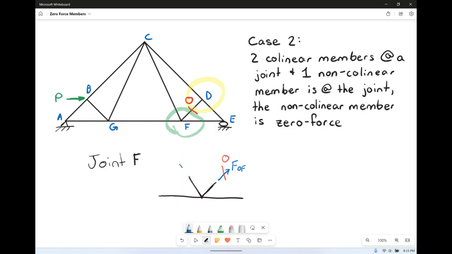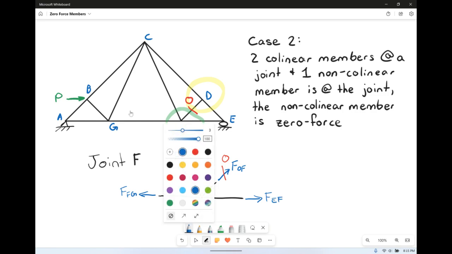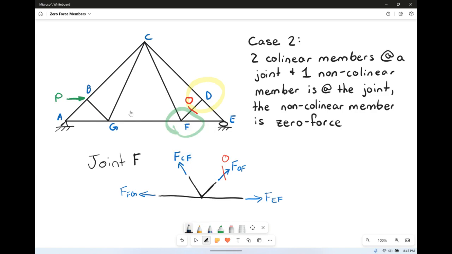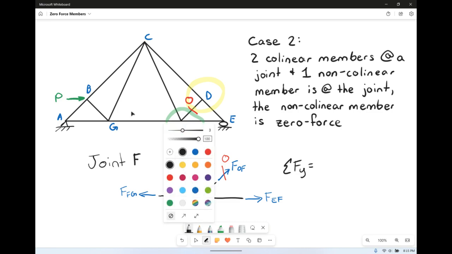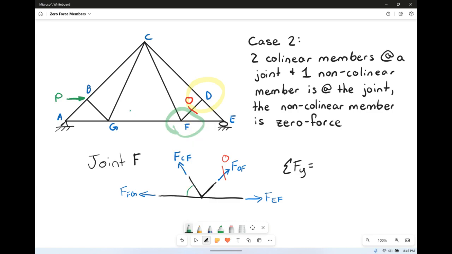And we've got force CF, and we have force FG and force EF. And this one should make sense without having to change our axes at all, because if you sum the forces horizontally, you have 3 forces, but if you sum the forces vertically, DF was gone, and it really doesn't matter what you take for any of these angles.